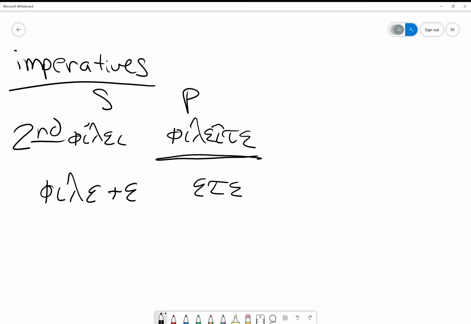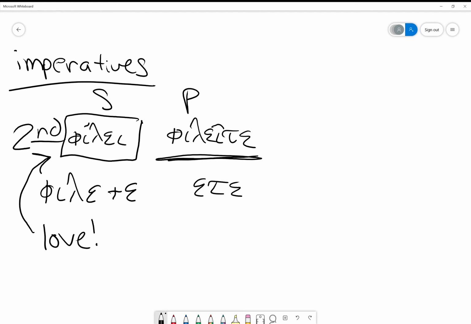This one here looks exactly the same as our second person plural present active indicative, right? But it always looks the same in the non-contract verbs as well. However, this one is a problem. It says phile. That is a command. It's like you are telling a single person to love.